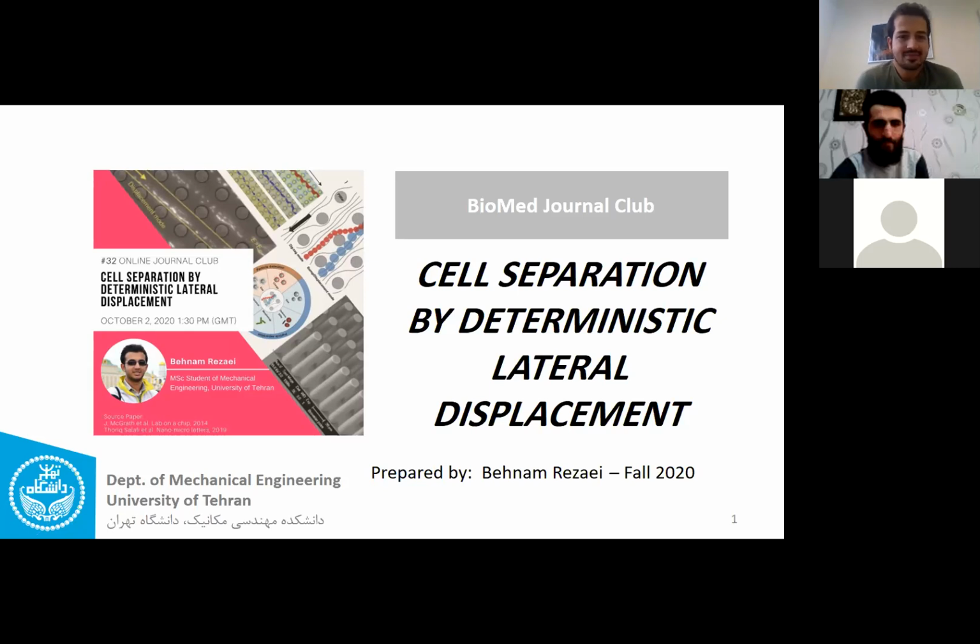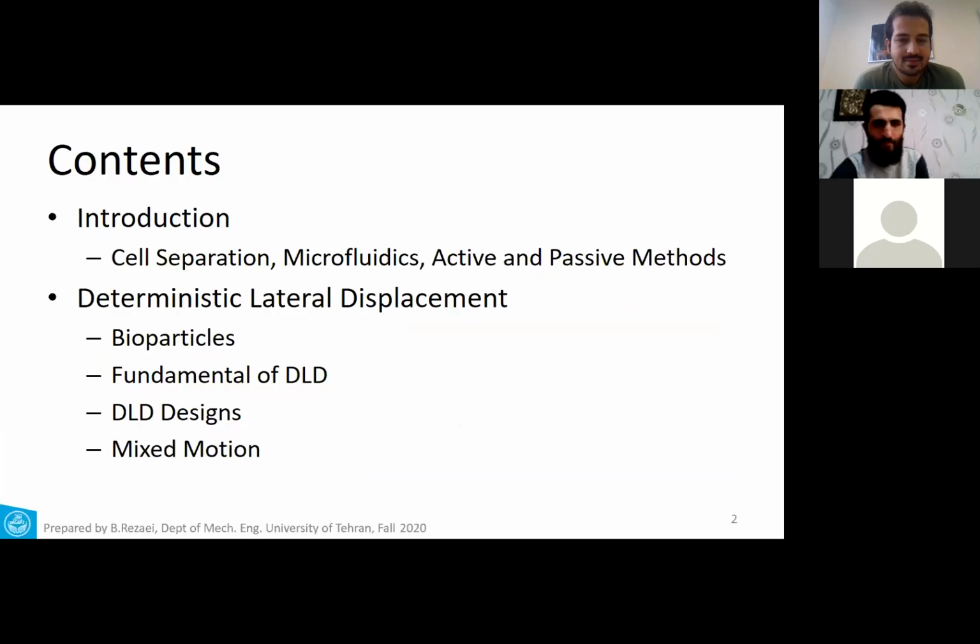Okay, let's talk about the subject topic: cell separation by deterministic lateral displacement. And what is that? First of all, I'm going to give you an introduction and go through the scenario of why we are going to use deterministic lateral displacement.